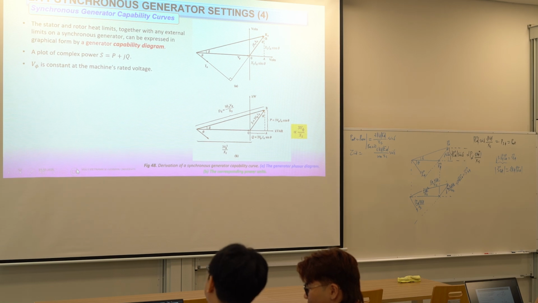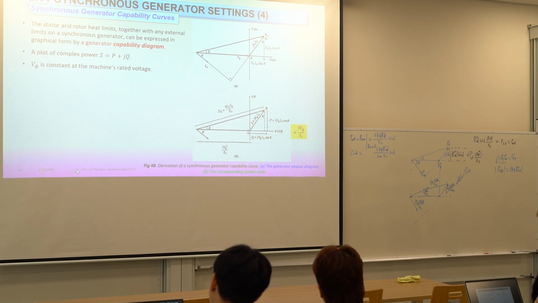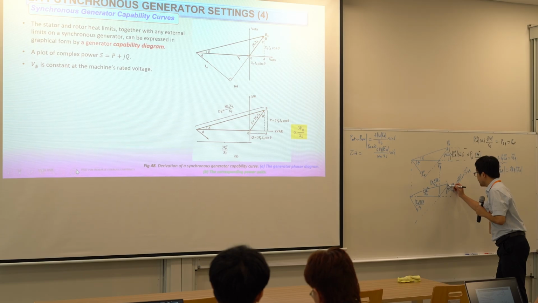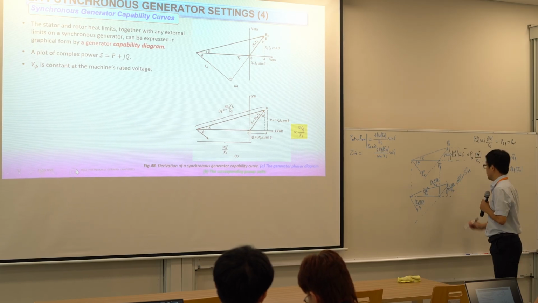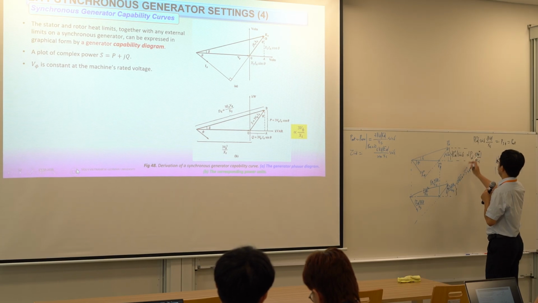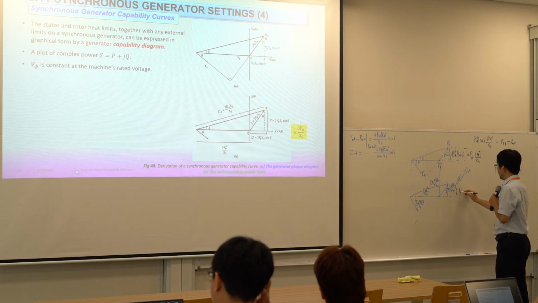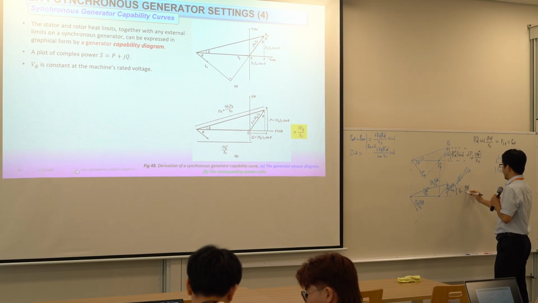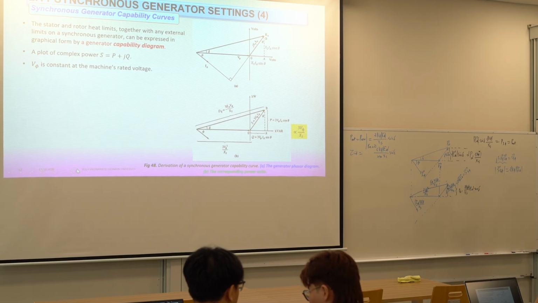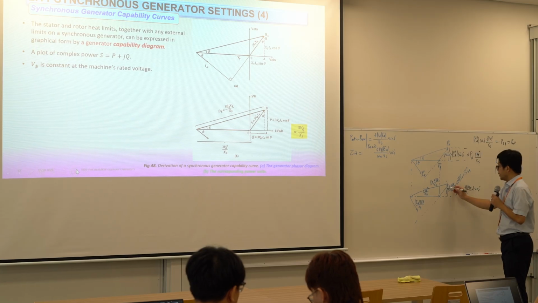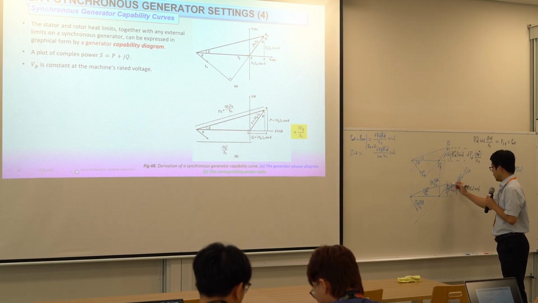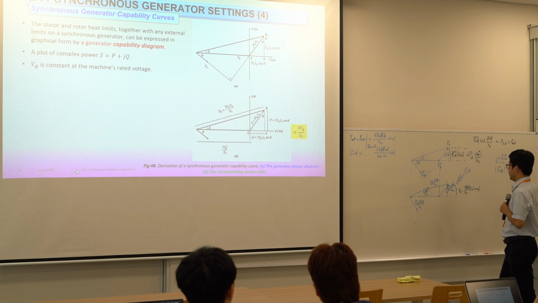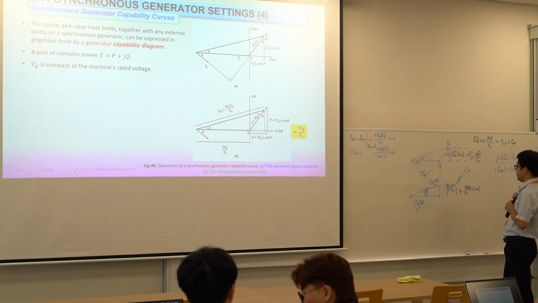And this segment is here, 3 V phase over XS times RPA sine delta. So this one is EB, right? This one EB.